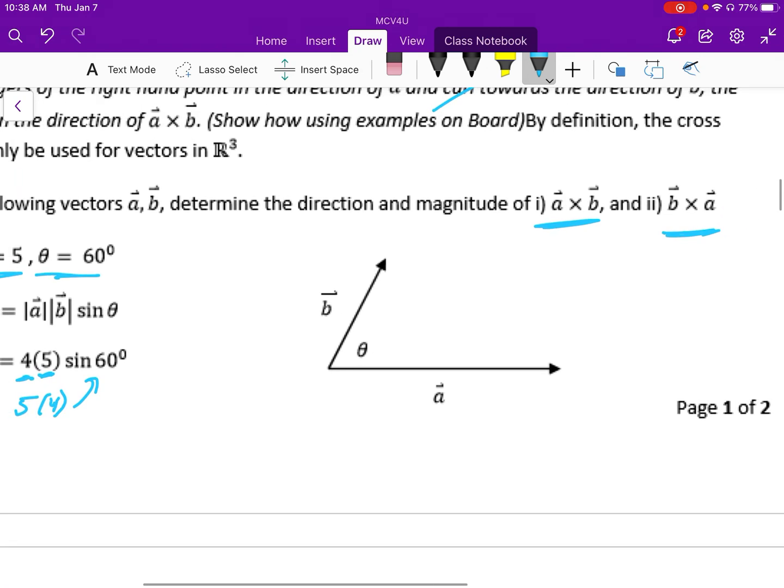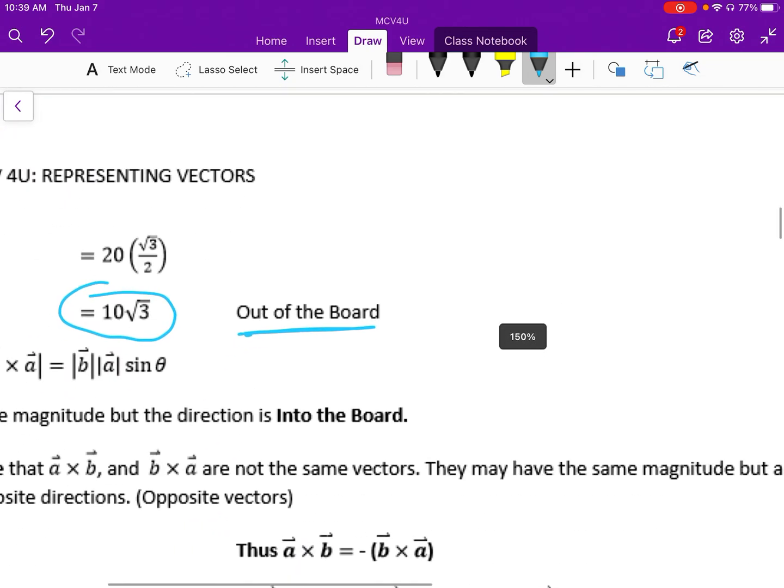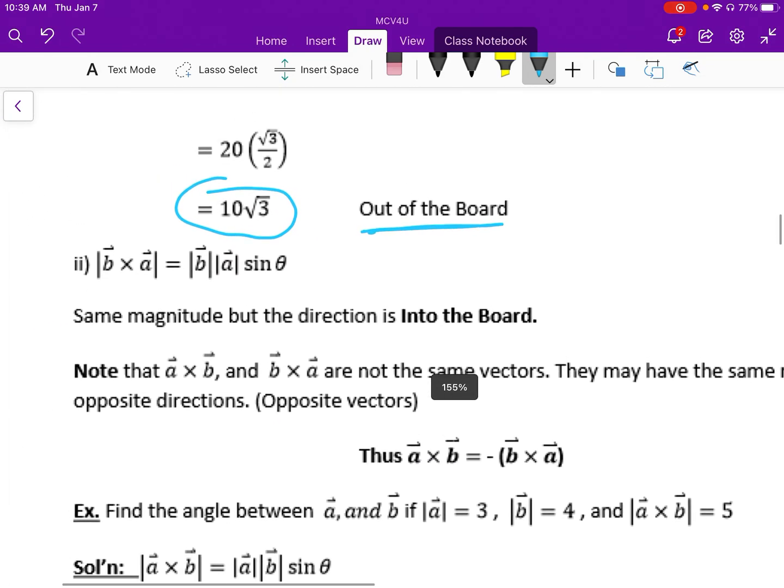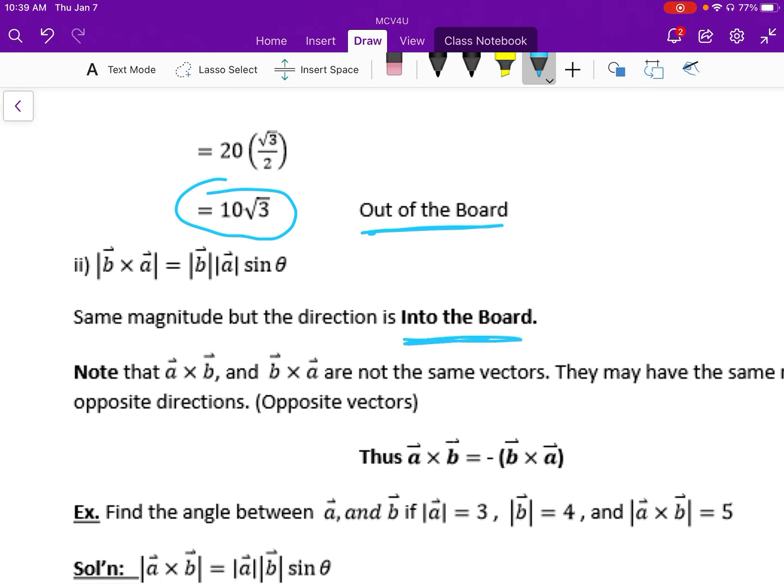However, since B is listed first here, take your right hand and put it on B with the fingers according to B. The theta is now in the palm of your hand. You curl your fingers in, your thumb is pointing into your screen or into the page, right? So this is what you have: into the board, into the screen, all right?